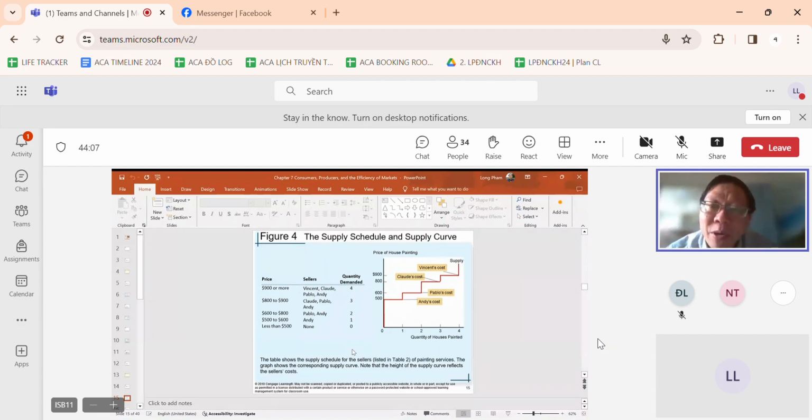He can do that because his cost is lower than the price. So he entered the market to earn profit. How about Pablo, Chloe, and Vincent? Can they try the market when the price is just less than 600? No, they could not, because their costs are higher than the price they could earn.